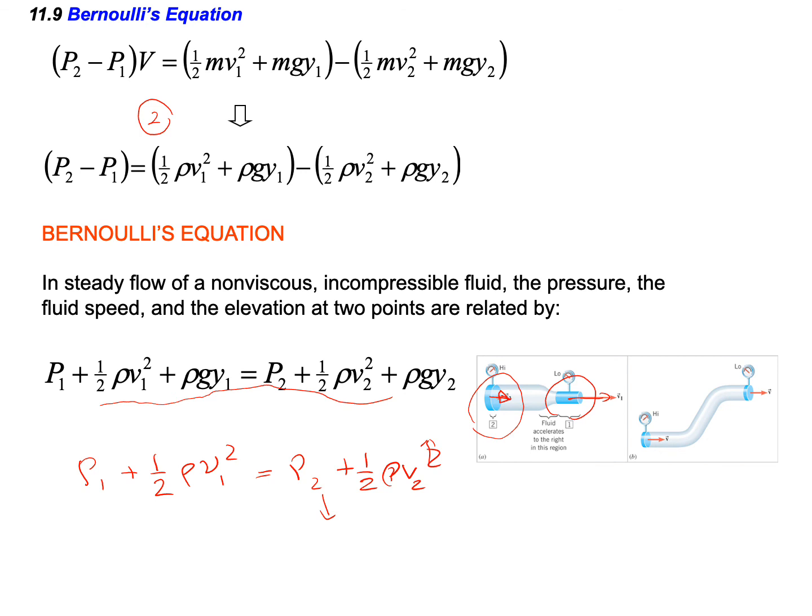Okay, so that's one point. And if you go to the second figure, the cross sectional area is the same, which means speeds are the same. So V1 and V2 are the same, but it has a height change, Y1 and Y2. So we can rewrite this equation: P1 plus rho g Y1 equals P2 plus rho g Y2. If Y2 is greater, on side 2, the pressure is lower again.